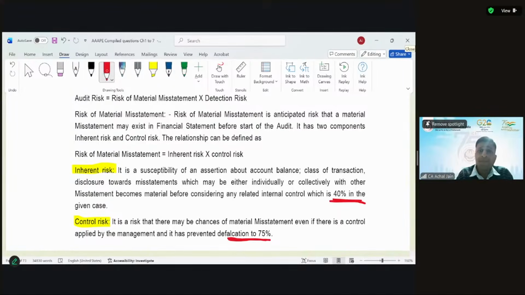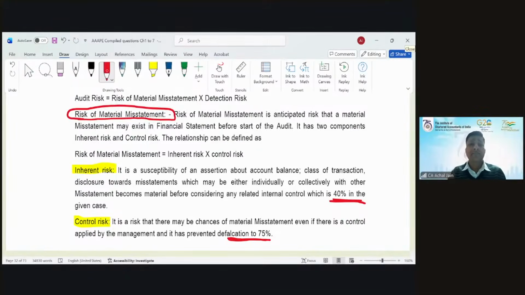Now, what is the risk of material misstatement? It's a combination of these two. Risk of material misstatement is the anticipated risk that a material misstatement may exist in the financial statements before the start of audit, in something which the management has not been able to control. We just talked about these two components.